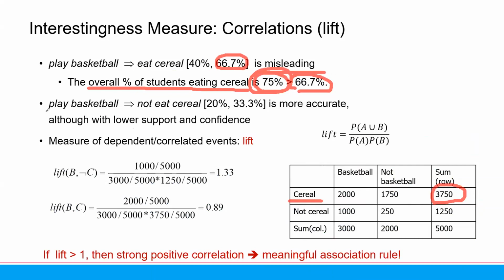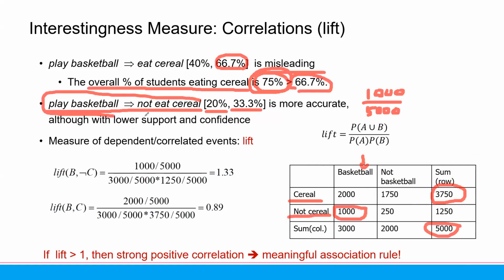And we can look at the other category: play basketball and not eat cereal. So the support is 20%. How can we get this 20%? We have 1000 divided by the number of data, so 1000 divided by 5000. And the confidence, how can we get the confidence?